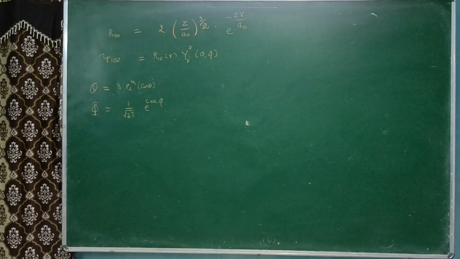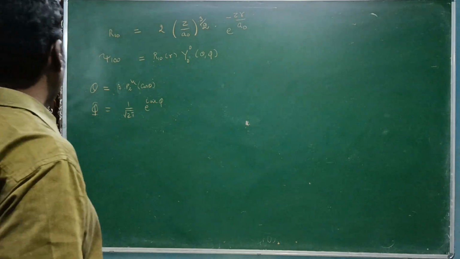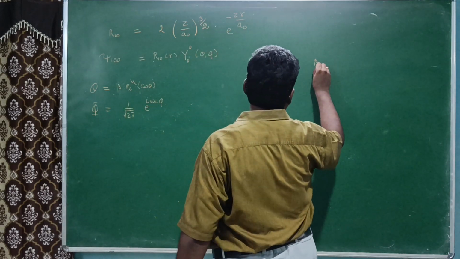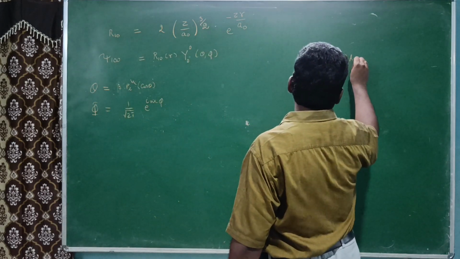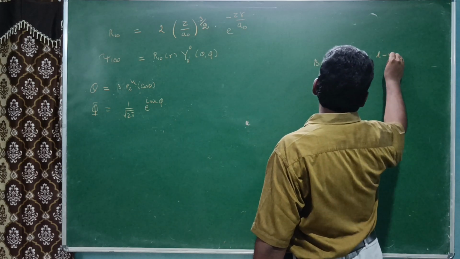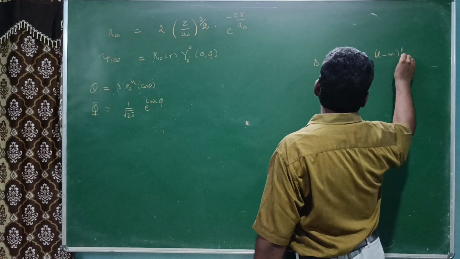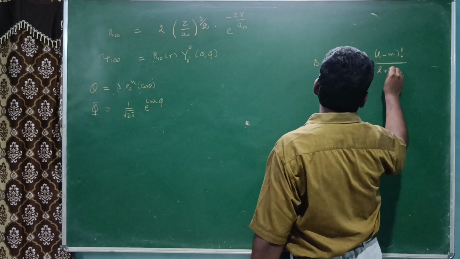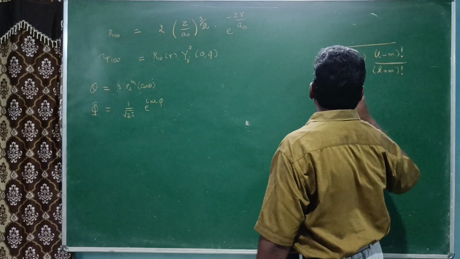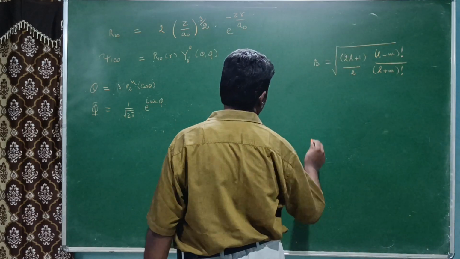For that we should know the value of B. The constant B equals the root of (2l plus 1) by 2 into (l minus m) factorial divided by (l plus m) factorial. This is the value of B.